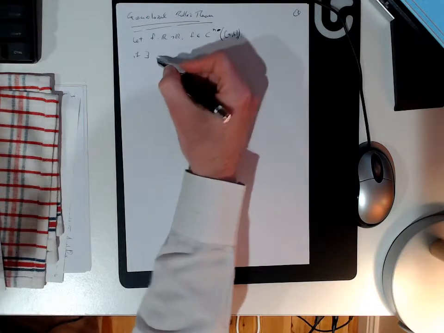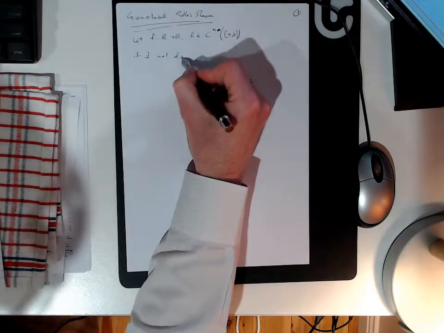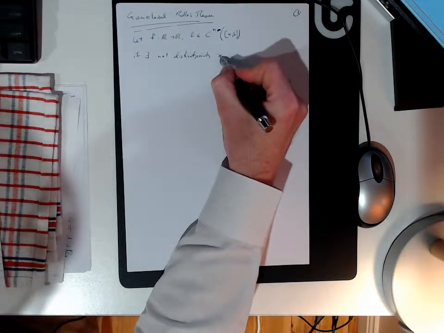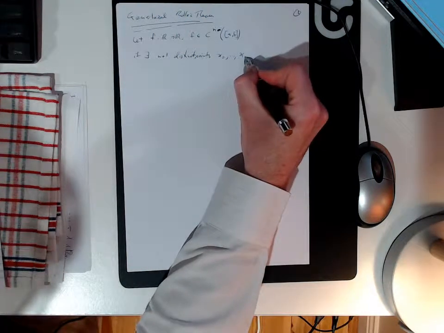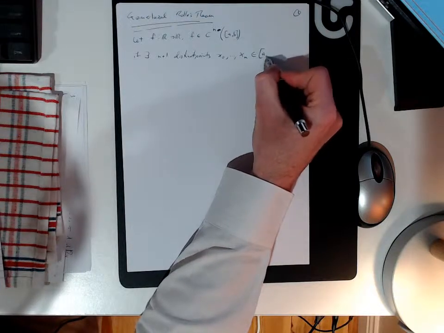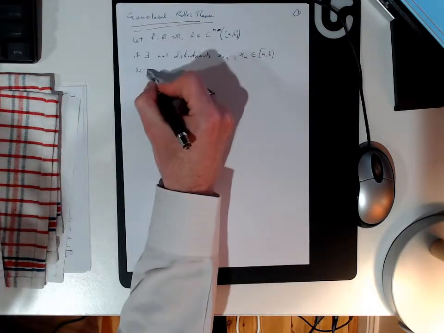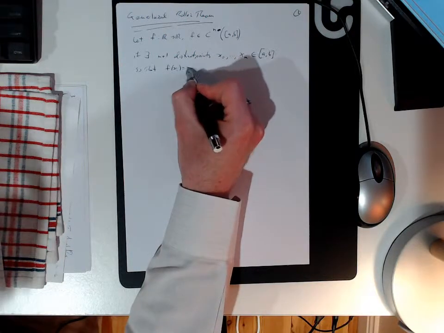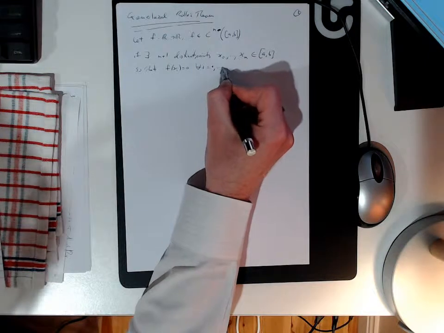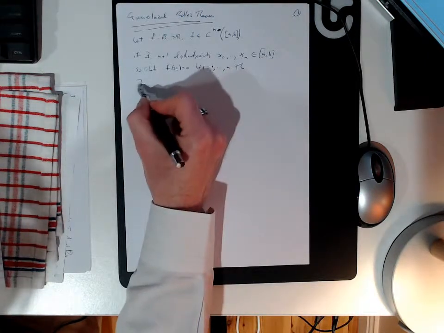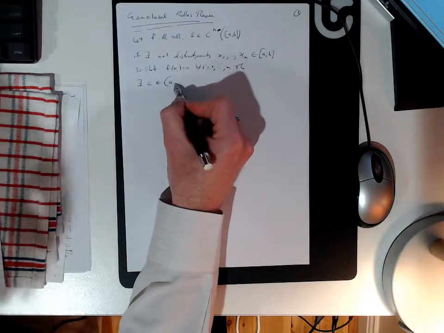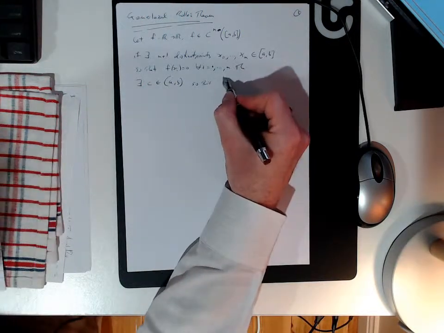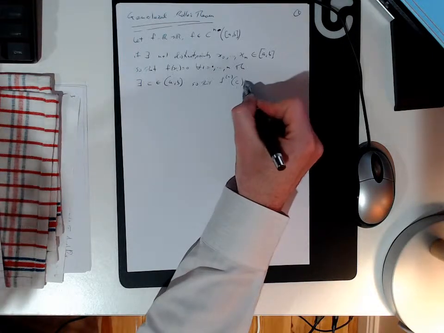If there exist n plus 1 distinct points x0 up to xn inside our interval, so that f(xi) equals 0 for all i, 0 up to n, then again there exists a c inside the open interval so that the nth derivative at c is equal to 0.